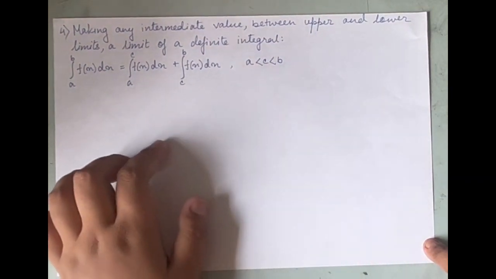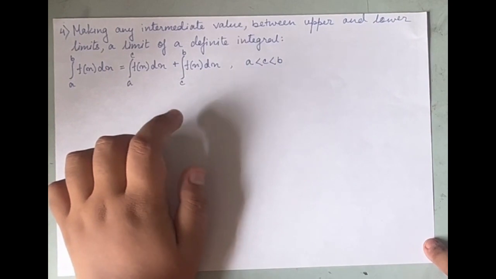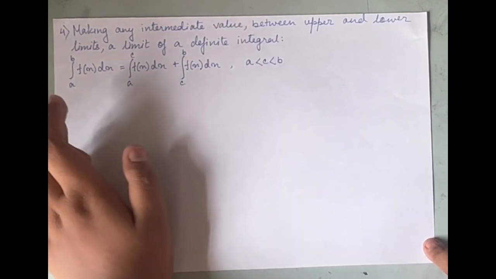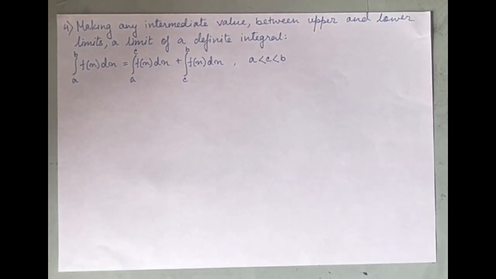Here it says that the integration of f(x) dx from a to c plus the integration of f(x) dx from c to b is the same as the integration of f(x) dx from a to b. Now, how is this possible? I would explain both the properties with the help of one single example only.